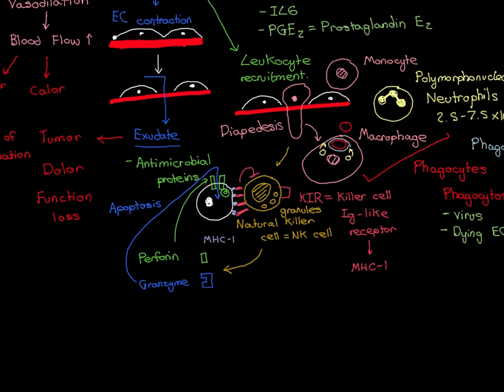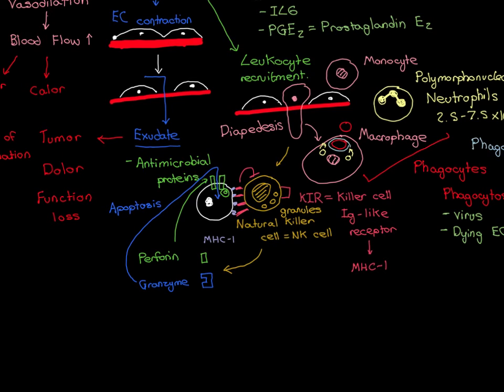This is a totally non-specific response. It does not need to know anything about the pathogen it's dealing with. All it does is go around looking for cells that are abnormal, that have low levels of MHC class 1, because if you have low levels of MHC class 1, you are not behaving, you are potentially a very bad cell, potentially because you're virally infected, or for more sinister reasons as well, such as cancerous cells can start lowering the level of MHC class 1 on their surface.